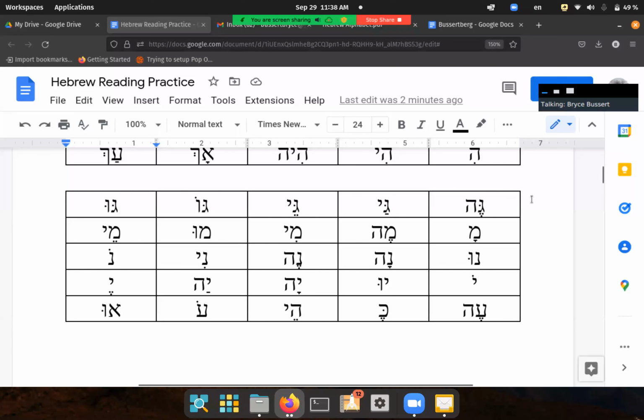Here we are, starting in the top right-hand corner. We have ge, followed by gai. Remember, that's that slippery diphthong. Patach, followed by the yud, gai. Then we have gay. Next we have go. And then we have goo.